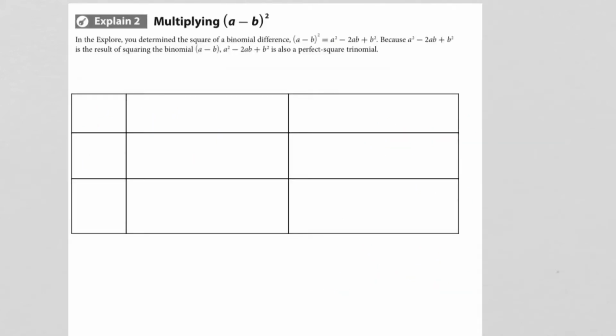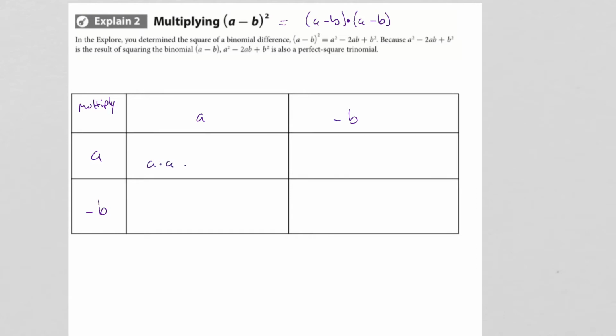So here's another special case. If I have (a − b)², keep in mind a and b could be anything. We're just saying you have something minus something else, and it's squared. This is equal to (a − b) times (a − b). Remember, we're multiplying in this grid.